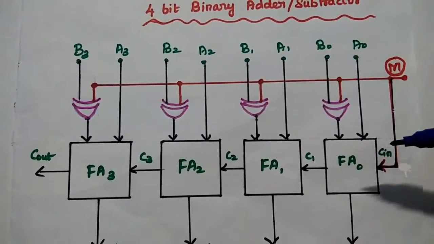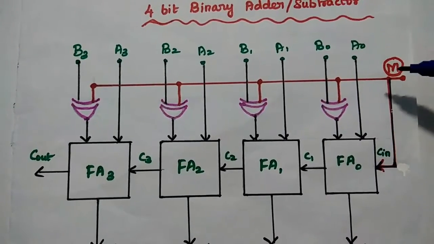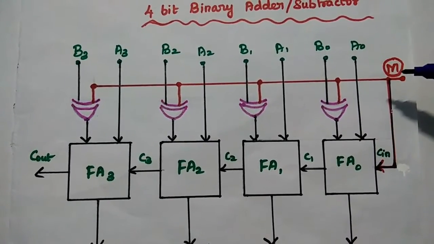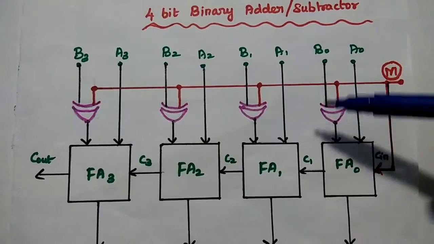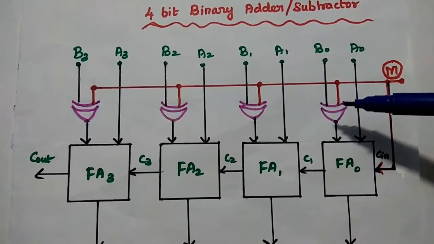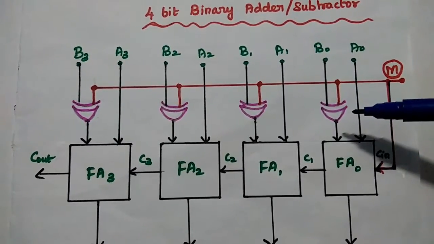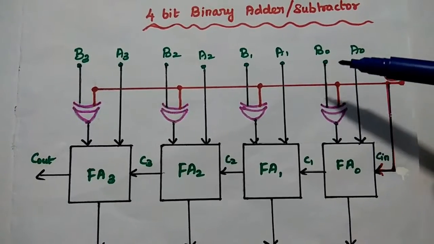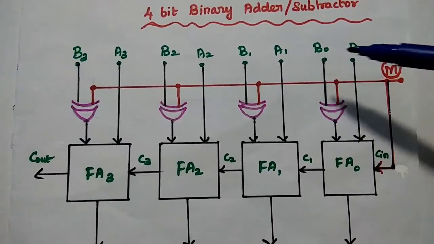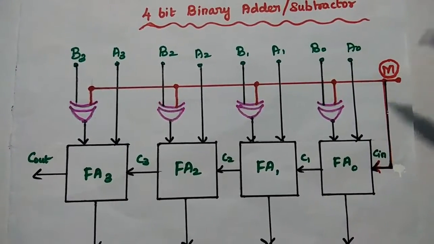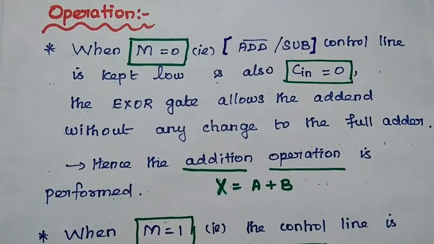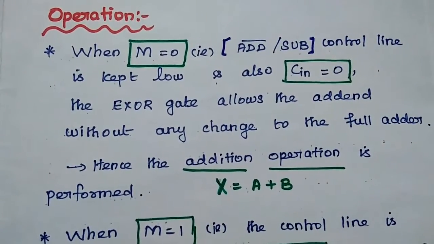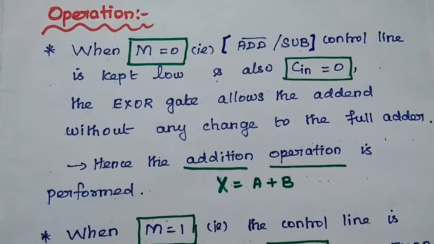So the entire operation is controlled by this control line. Hence, this XOR gate is known as controlled inverter, which will control the complement of this B0 based on this control line.